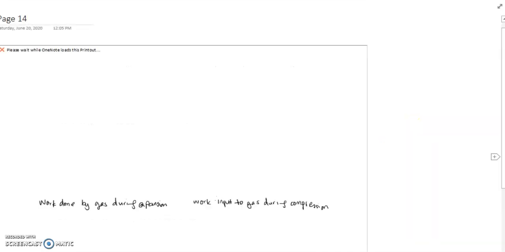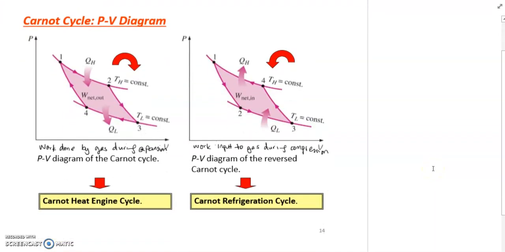So let's continue. As I mentioned before, you have the Carnot heat engine cycle that we discussed in the previous slide, and we also have the Carnot refrigeration cycle. There are two main differences here. First, obviously you can see the direction is opposite.